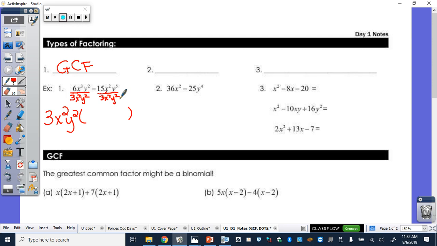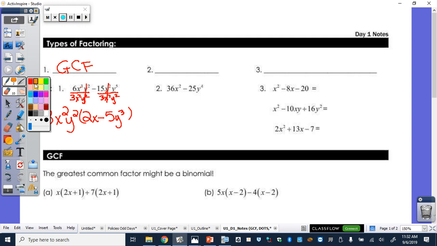So 6 divided by 3 gives us a 2. 3 minus 2 gives us an x to the first. And since those y's are the same exact exponents, they just cancel each other out. And then minus 15 divided by 3 gives me a 5. This time our x's cancel, so then we're left with y to the third. And that's our GCF. We could check that by taking your GCF out in front. You could distribute it through, and you would get the same answer that we started with.